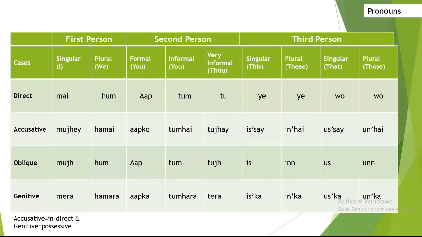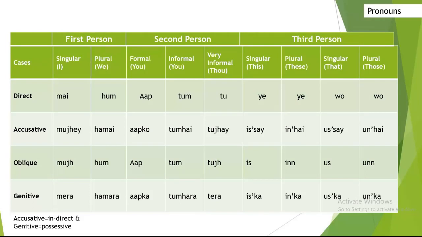In English it says thou, but basically it's you also in English. Third person has singular, this, and plural, these. Then it has singular, that, and plural, those.